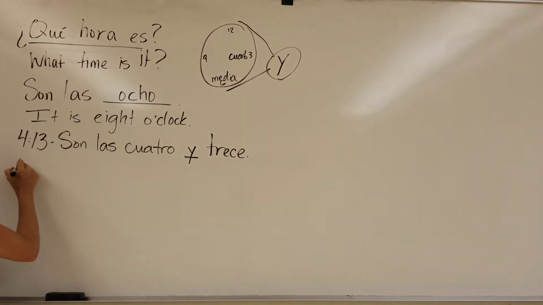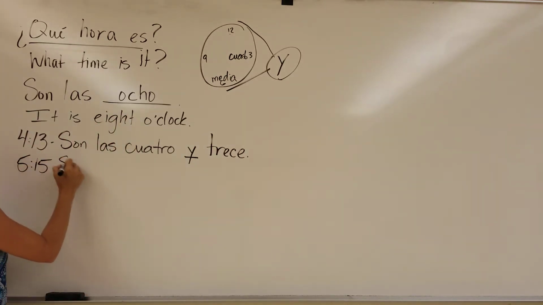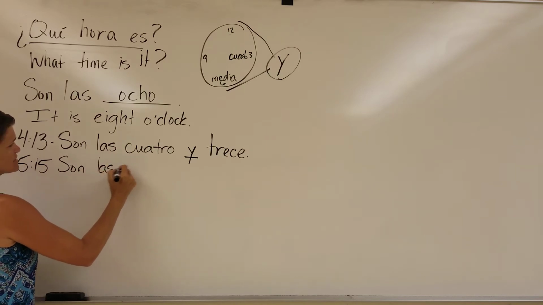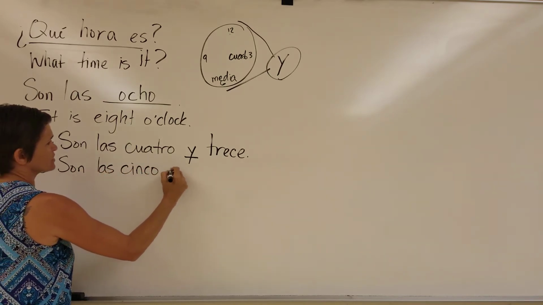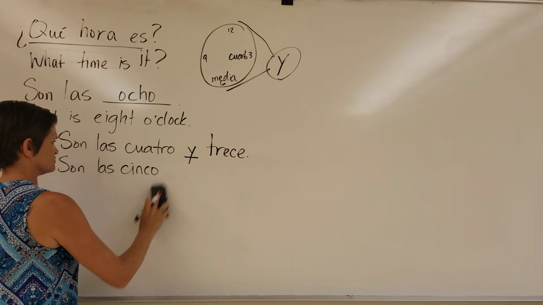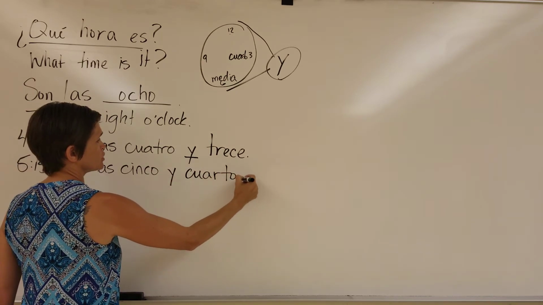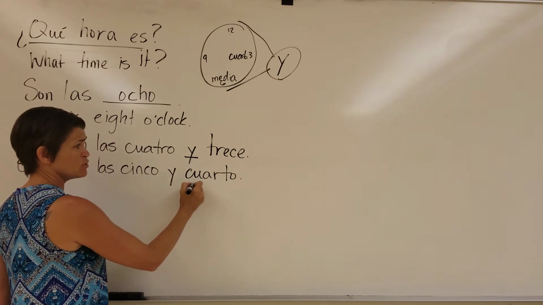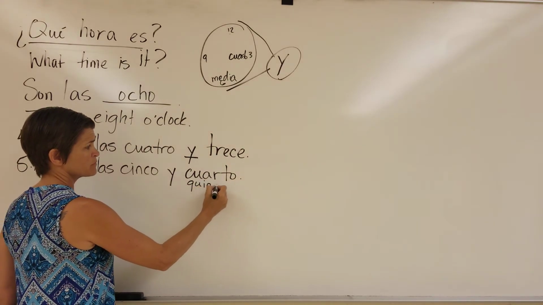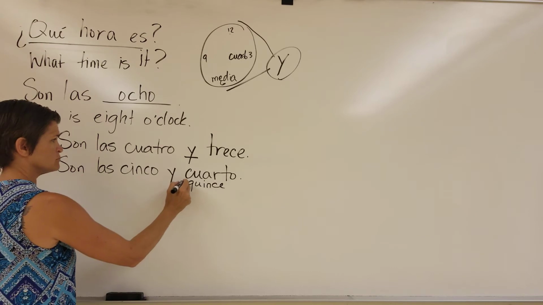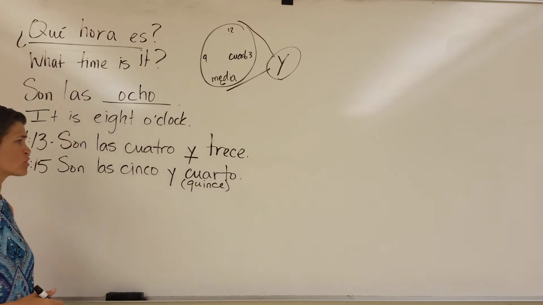So if it was 5:15, we would say son las cinco y cuarto. You could still say 15. You could choose to use the number. That's fine too. But a lot of times you'll use the quarter hour instead.